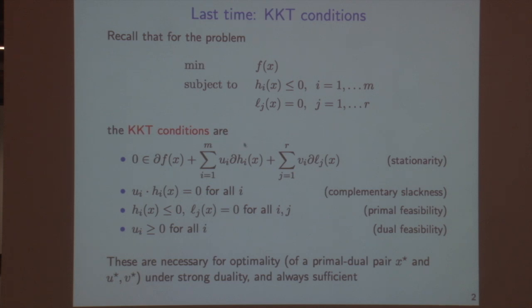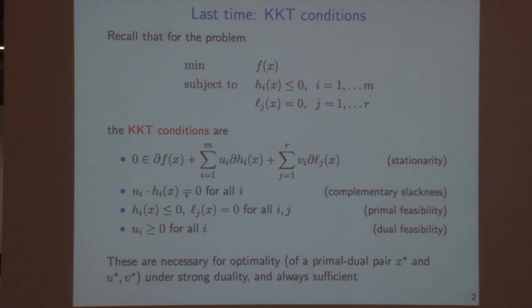And they are stationarity, which says that if we form what's called the Lagrangian, and we take a subgradient of that quantity with respect to x, then we should have 0 as a subgradient. It's called the stationarity condition. It means that x minimizes the Lagrangian at the pair u, v.